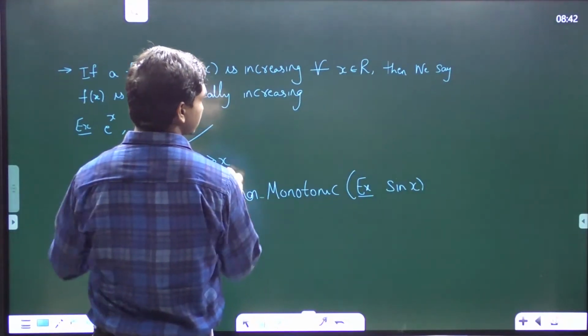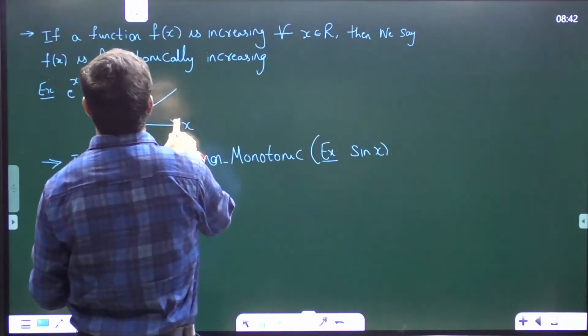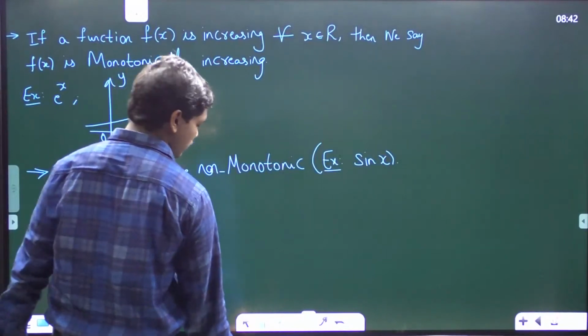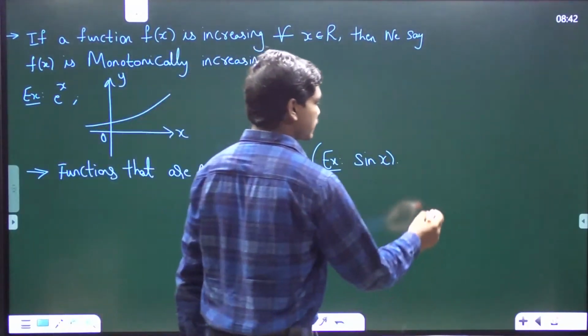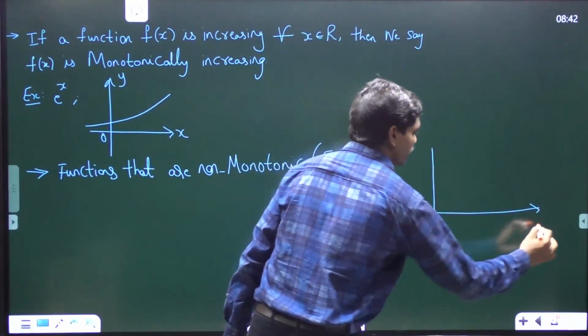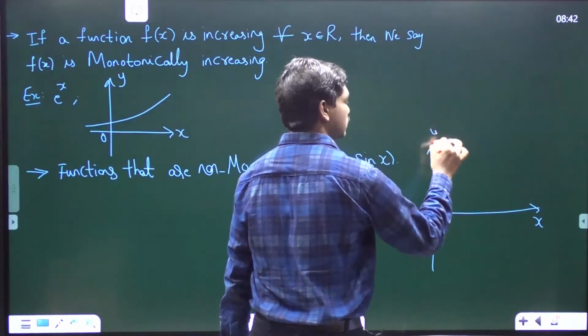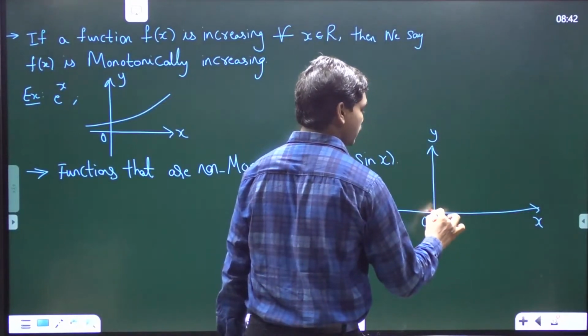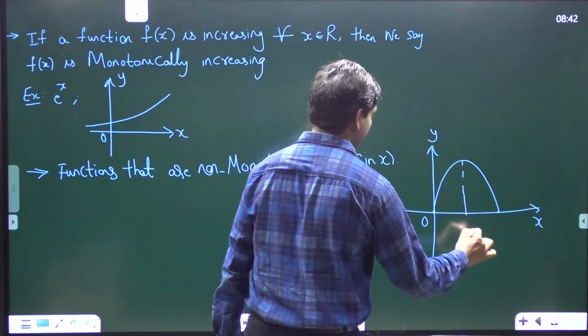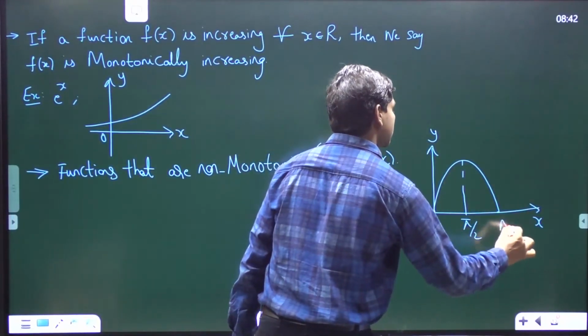I hope you can still see the things clearly here. Or let me increase it slightly for your comfort. Okay. So now if you see sine x, with axes x, y, I'm drawing only one half of the loop, something like this, then this is x equal to pi by 2 and x equal to pi.